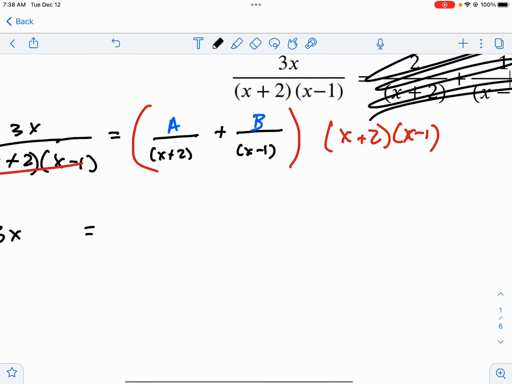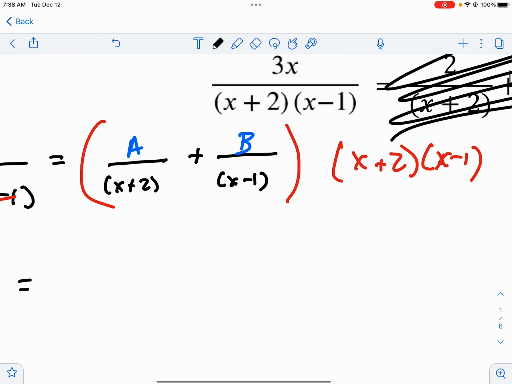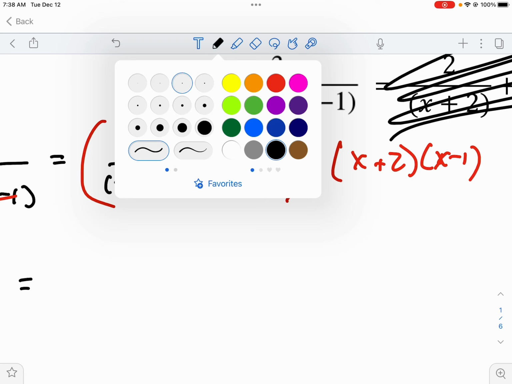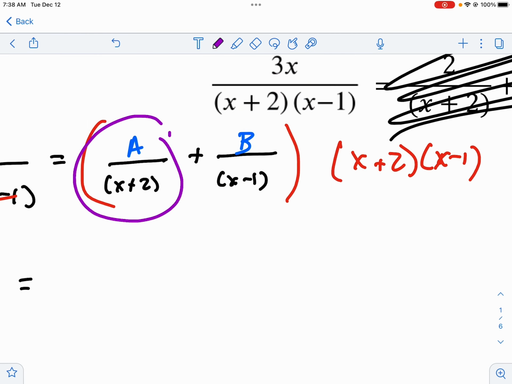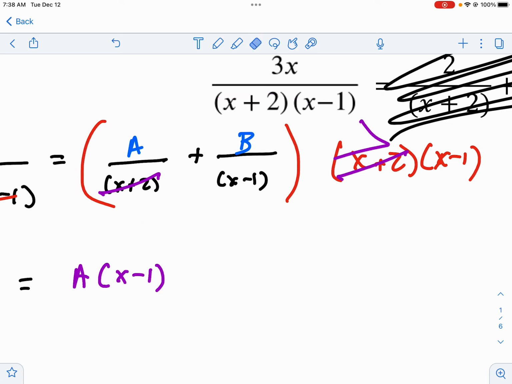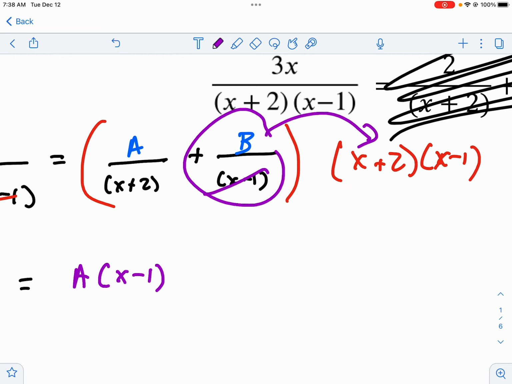On the right side, this is a two-part thing. So the first part is we are going to multiply just this one with these two, and you'll see that this and this are gone. So I have a, x minus 1. And then if I multiply this with this again, now these two are gone.